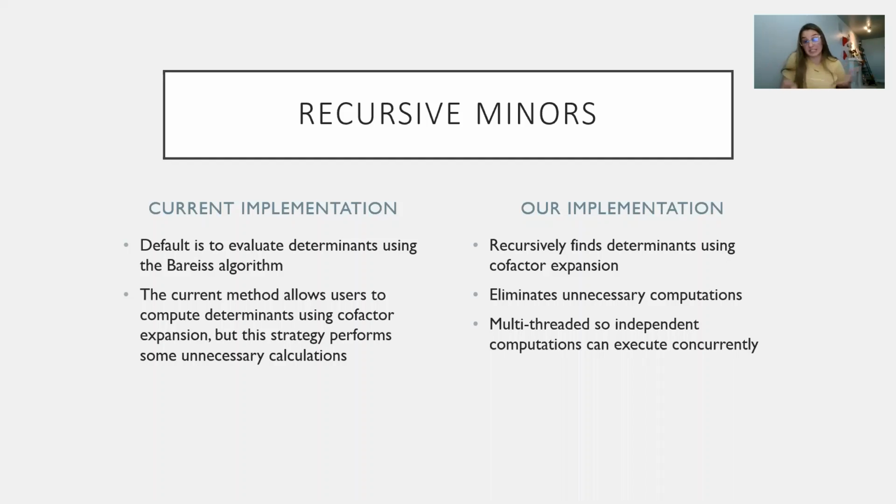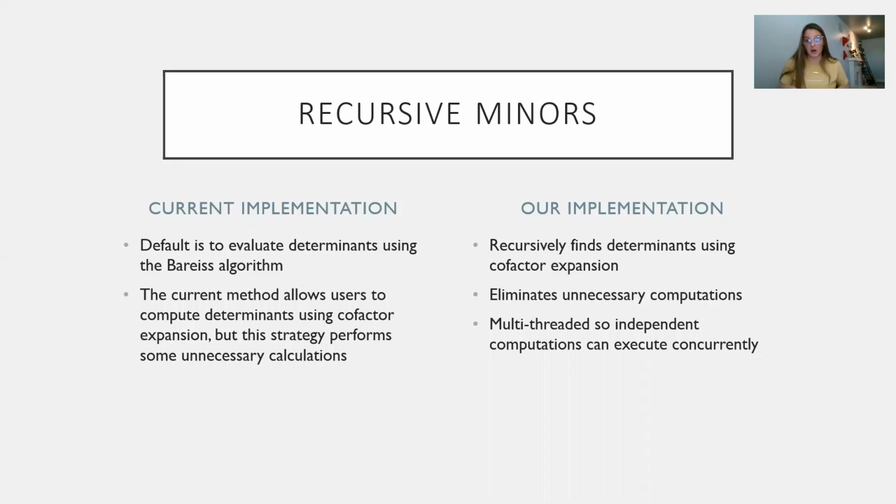And the current implementation does allow the user to use a cofactor expansion, but again, it's not optimized and it performs some unnecessary calculations. Now, when we're thinking about a polynomial that has a high degree with a lot of variables in it, and we're considering multiplying a lot of these polynomials together, that within itself, that computation time is going to be very slow. So when we're performing a lot of these unnecessary calculations, we can expect that the existing cofactor expansion method is going to be a lot slower than it needs to be.